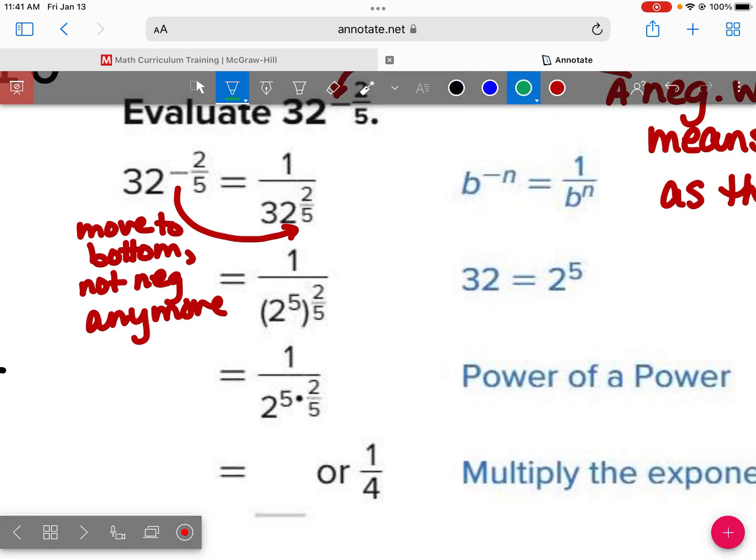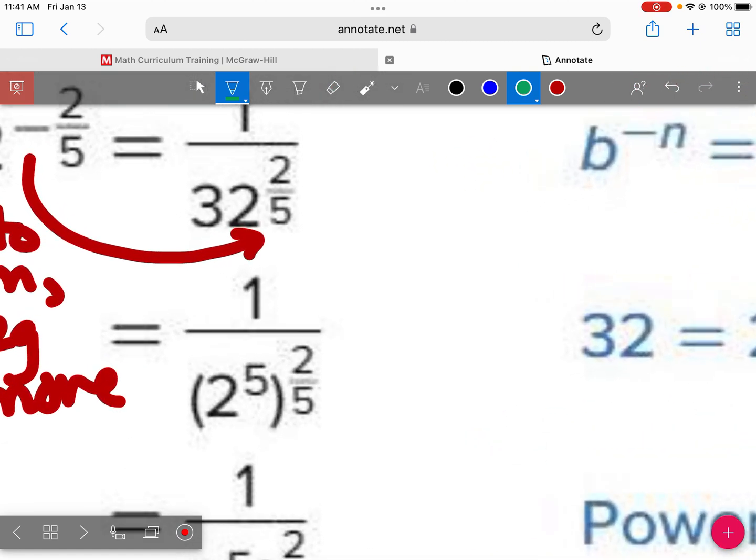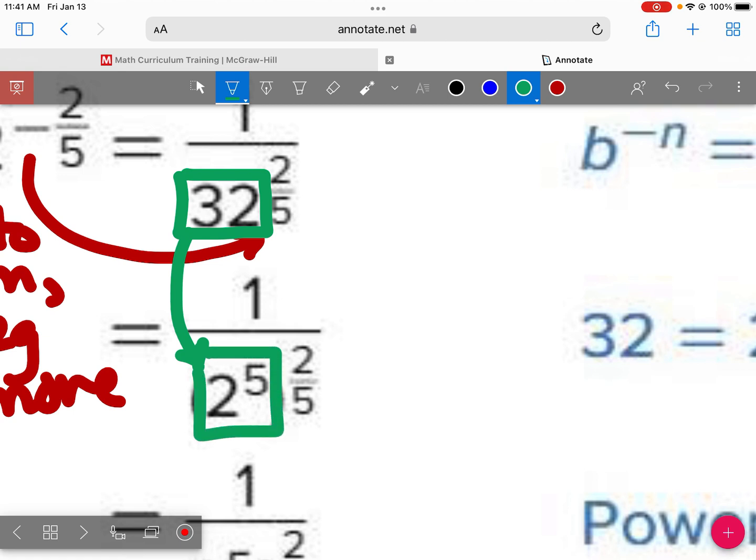And then your book did something kind of weird here. They said that 32 was the same as 2 to the 5th power. Let's figure out where they got that from. We're on page 318 in your book.